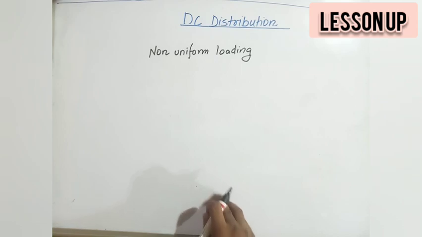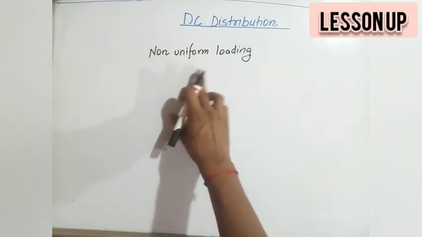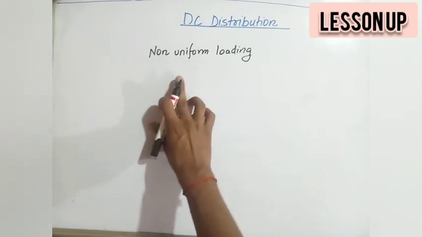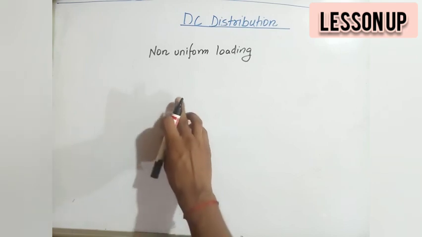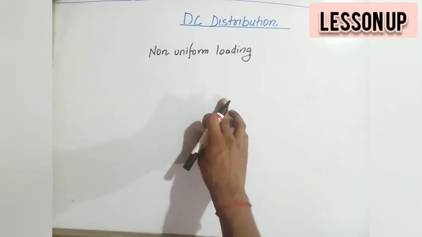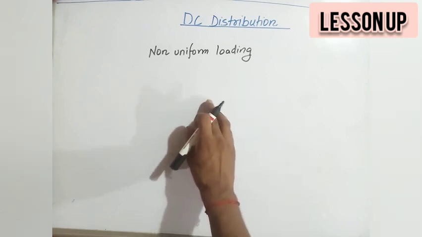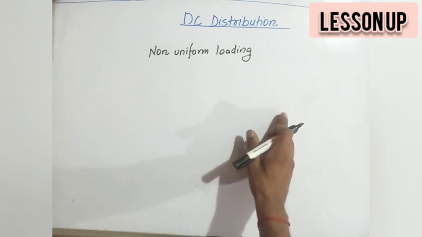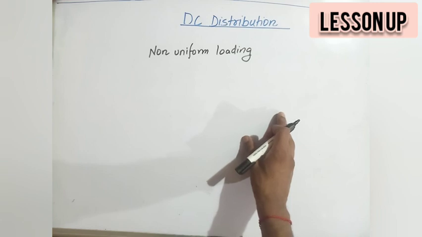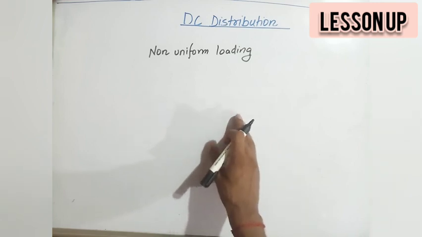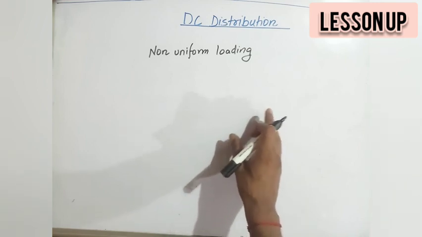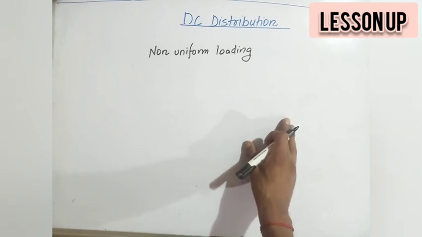First we will see non-uniform loading. In non-uniform loading, different tappings are taken at the same interval, or the same tappings are taken at different intervals, or a combination of both is considered as non-uniform loading.